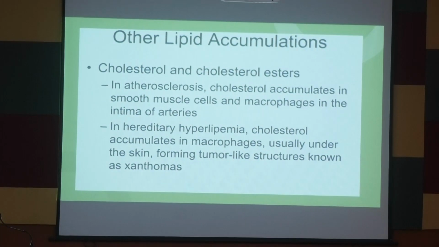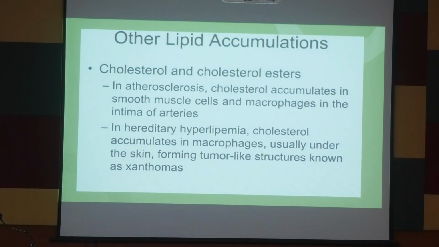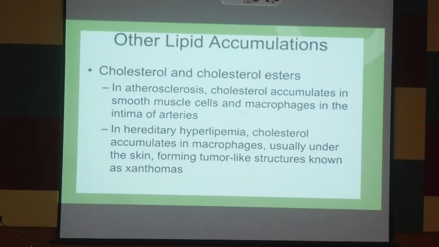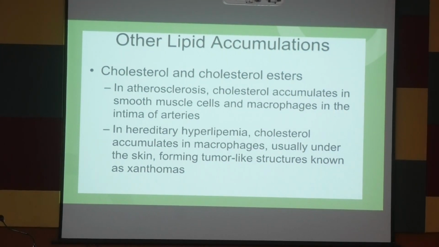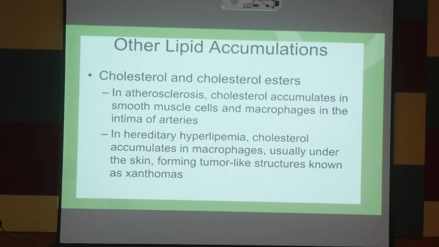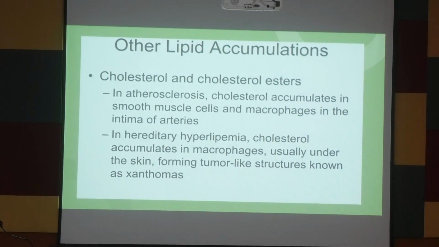So this is called atherosclerosis, and the cholesterol accumulates in smooth muscle cells and macrophages in the intima of the artery. And in hereditary hyperlipemia, cholesterol accumulates in macrophages, skin. We have tissue macrophages that are present inside our skin and subcutaneous tissue.